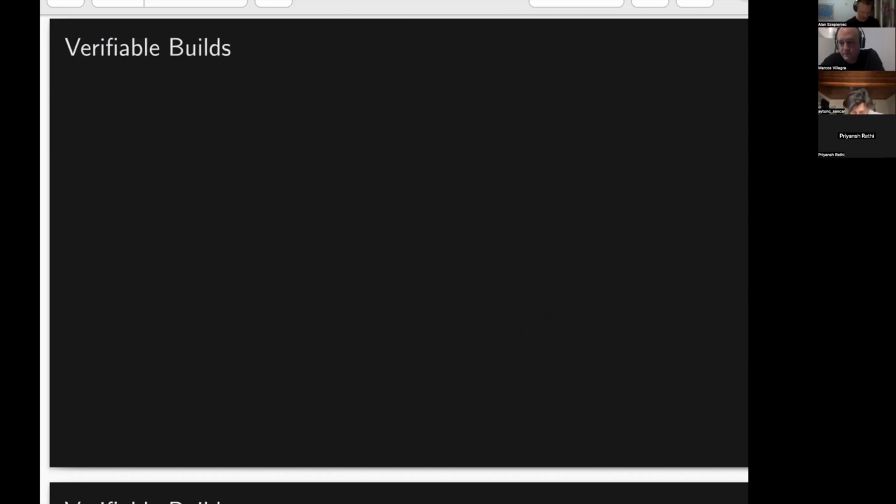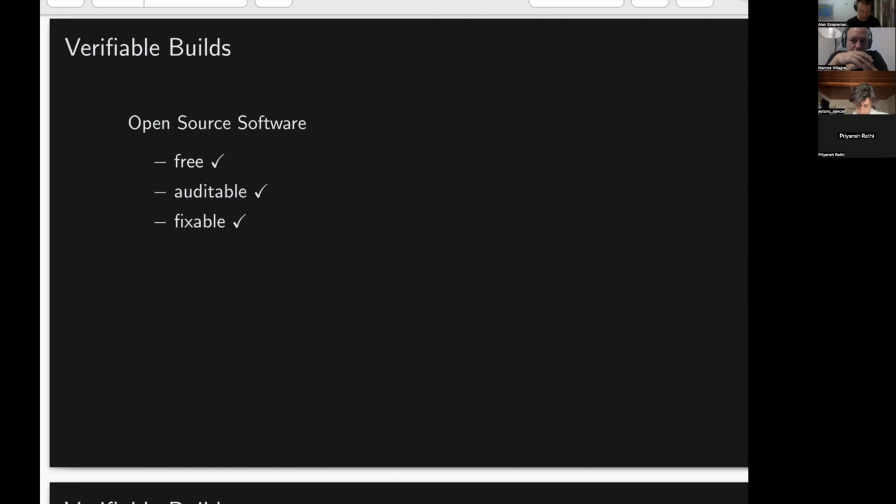And the last application is really a killer application. It's verifiable builds. Let me restart. In the open source world, we have free access to open source software developed by other people, and we can audit it, we can install it and run it, and if we find a feature that we want to have and it's not there, or if we find a bug, then we can fix it.